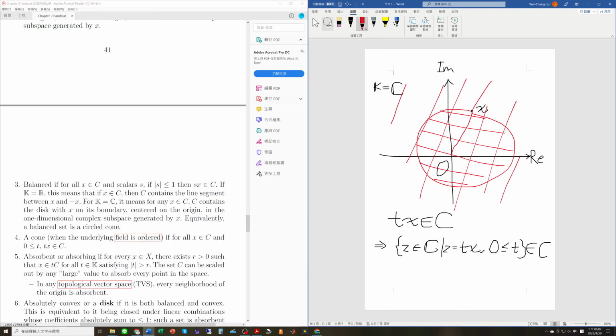Let us clear this example, clear this graph.